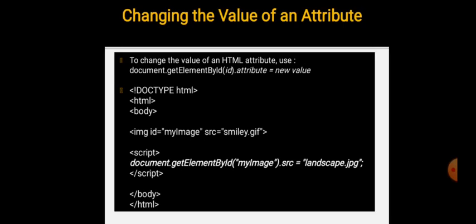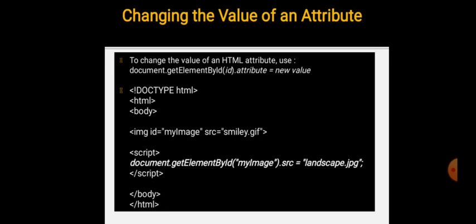So how can you get that? You can use the function document.getElementById and id dot src. That src is the name of the attribute. Here src means source of what? In this code you can see that there is an image, img, whose id is myImage and src is equal to smiley.gif.